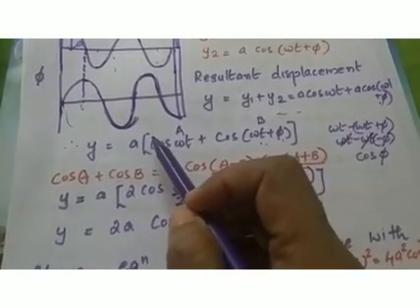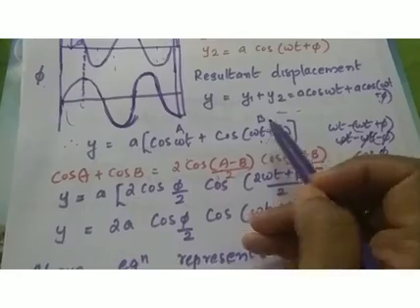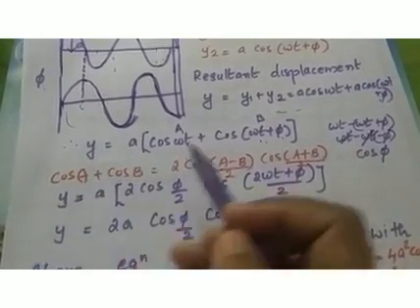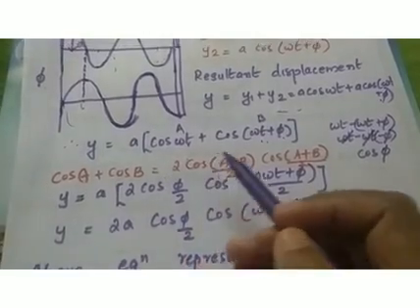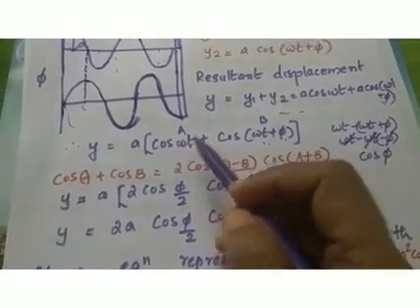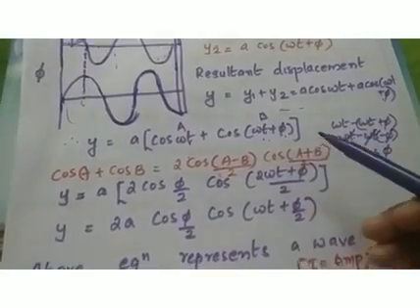Now the terms in the bracket are in the form cos A plus cos B, and there is an identity in mathematics: cos A plus cos B is equal to 2 cos((A minus B)/2) cos((A plus B)/2). Here A is omega t and B is omega t plus phi.